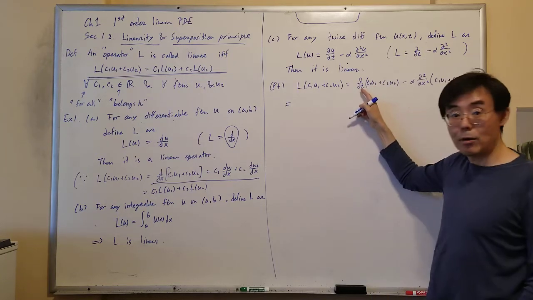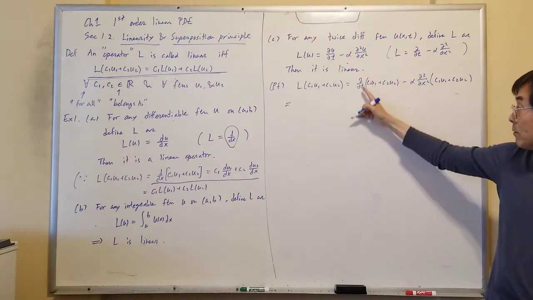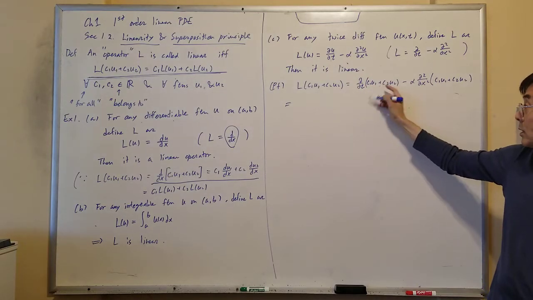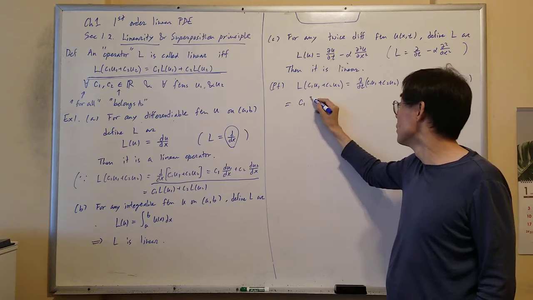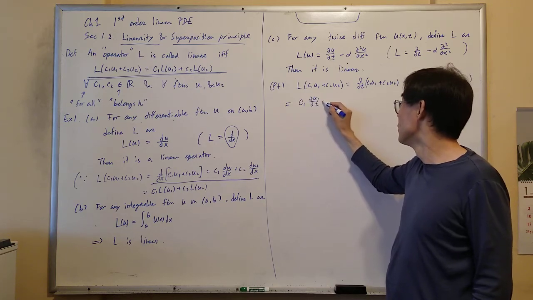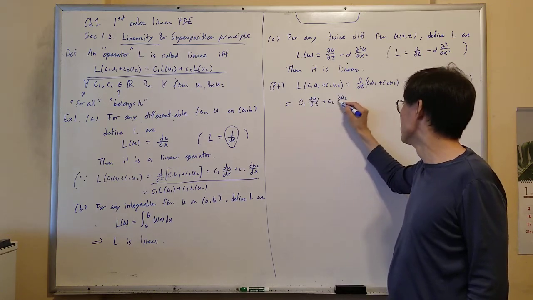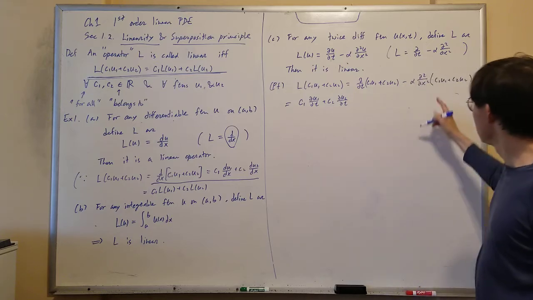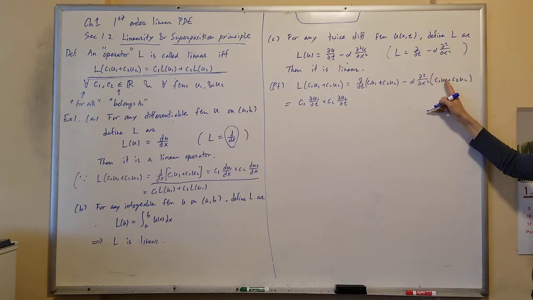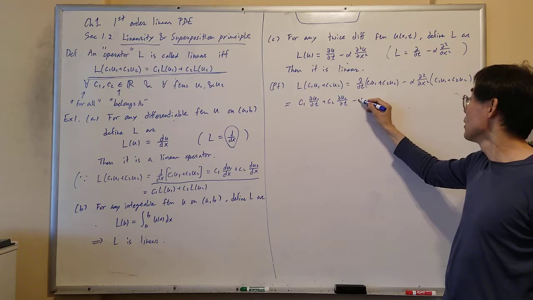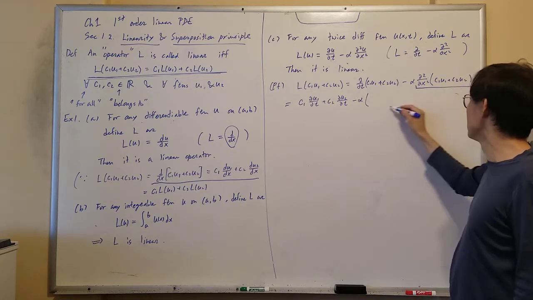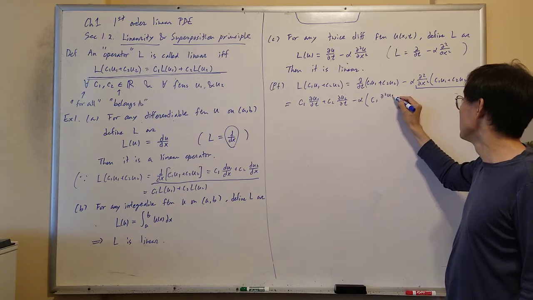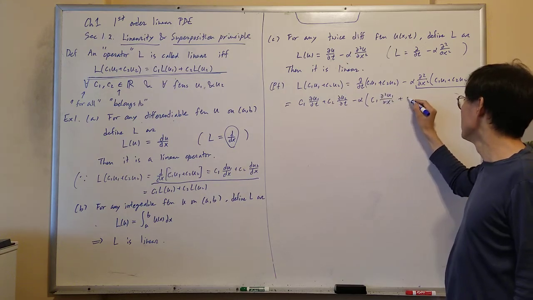Then partial t, as a differentiation with respect to t, can split over addition and constant multiplication. Same thing for the second order partial derivative, also linear.